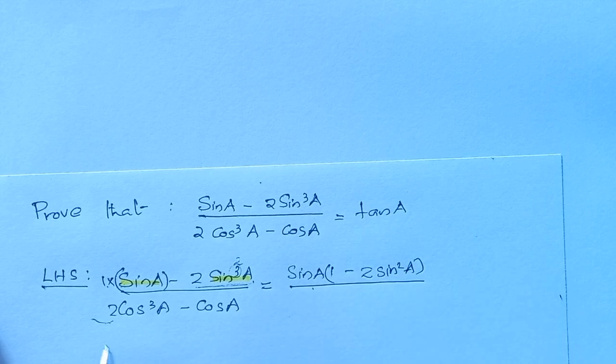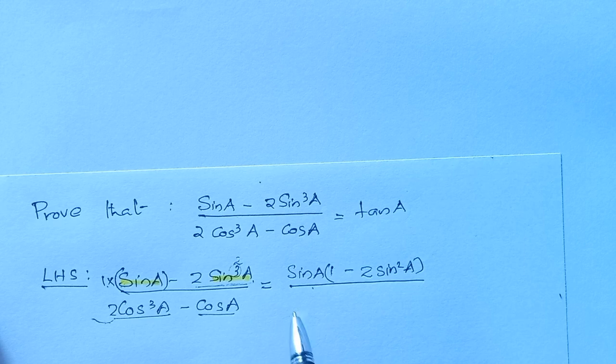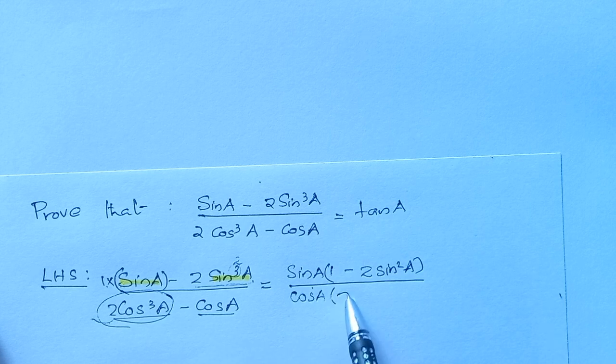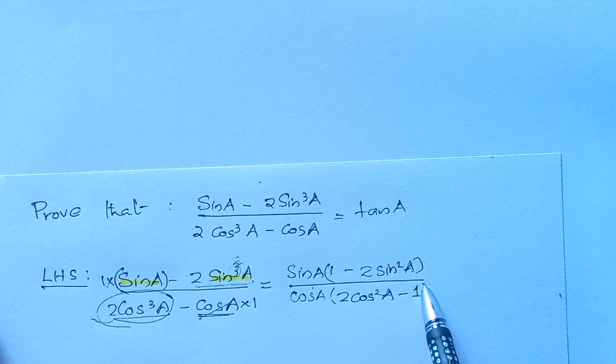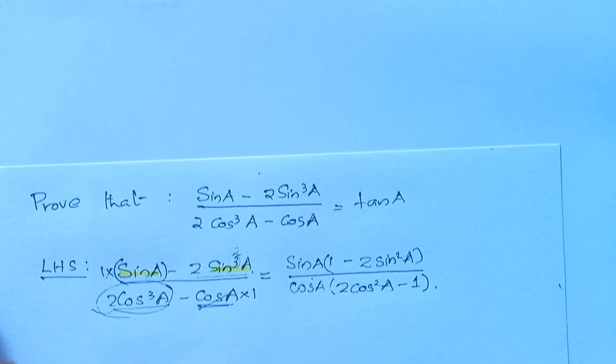Similarly, when you look at the denominator, cos a is common. If you take cos a as common, from the first term we get 2 cos square a minus, from the second term it is cos a into 1, so we get the remaining term as 1.